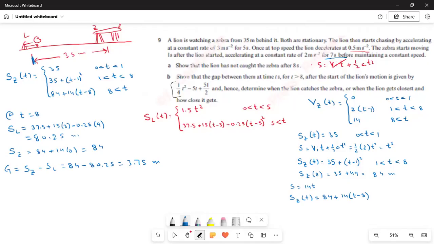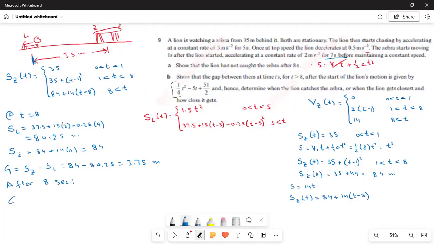So even after 8 seconds, the zebra was ahead of the lion by 3.75 meters, right? Now what happens after 8 seconds?